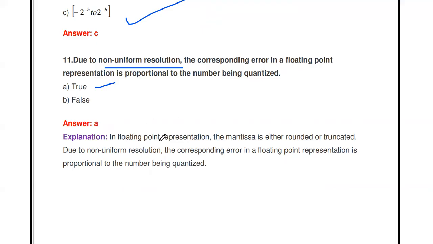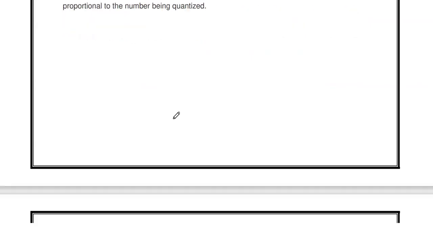In floating point representation, we have to perform the quantization on the mantissa, which is either truncated or rounded. So due to this non-uniform resolution, the corresponding error is proportional to the number being quantized.